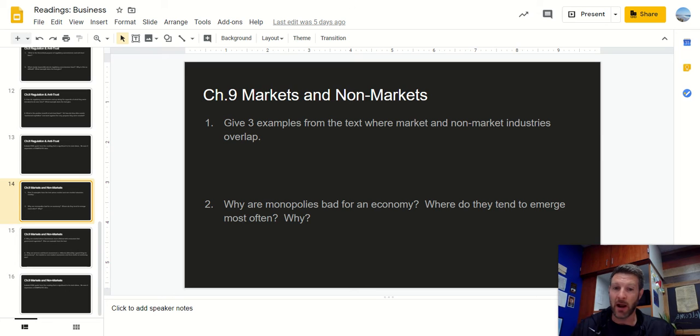If you see a set monopoly where they are not very motivated by profit, where they are not regulated by competition, they're not worried about cost, they're not worried about all the things I just listed, it's probably a non-market industry where the government is involved. Why? Because, as in the last video in chapter 8, the government has the ability to protect and block competition in what they set up and regulate.